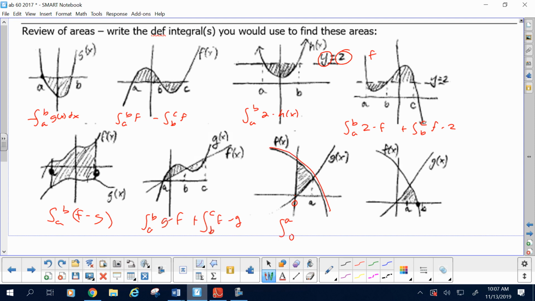Isn't this F, right? So F minus G, do you agree? And Bailey, how many integrals for the last one? 1 or 2? 2. The first one, what is it? Of G, I agree. What's the second one? Tyler? A to B. I agree. All right, you get the idea?